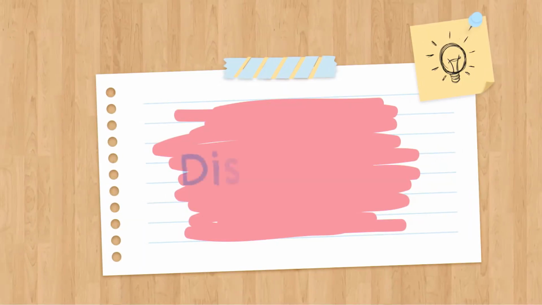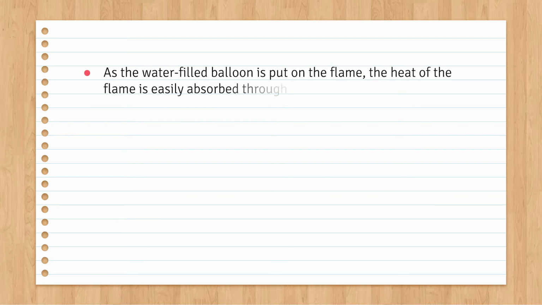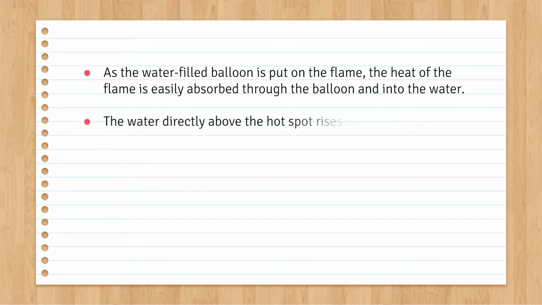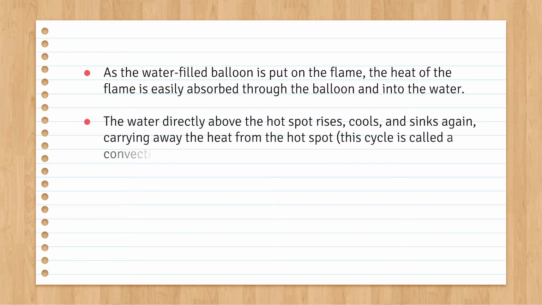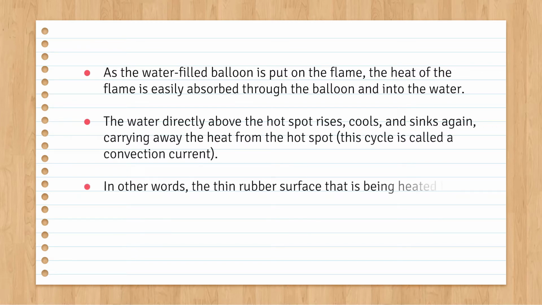On discussion, as the water-filled balloon is put on the flame, the heat of the flame is easily absorbed through the balloon and into the water. The water directly above the hot spot rises, cools and sinks again, carrying away the heat from the hot spot. This cycle is called a convection current.